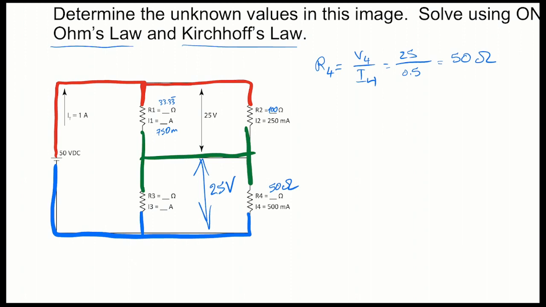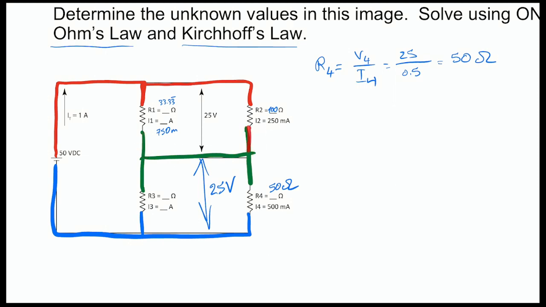Do we know I3? Well, we could definitely calculate I3 in this way. We know that the current that is coming here and being divided into two branches is also going to be collected here. So the current going from red into green through the two resistors is going to be the 1 amp again.